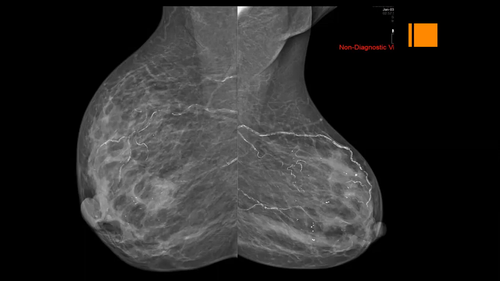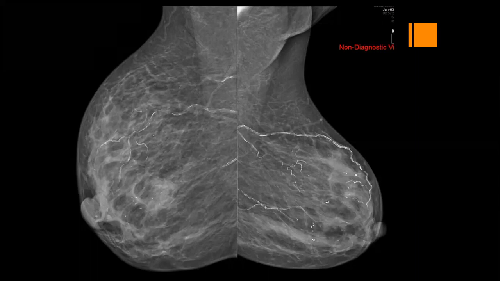So when you have seen any abnormal findings, usually after you describe the findings by location and by character, you have to look for any associated abnormality.